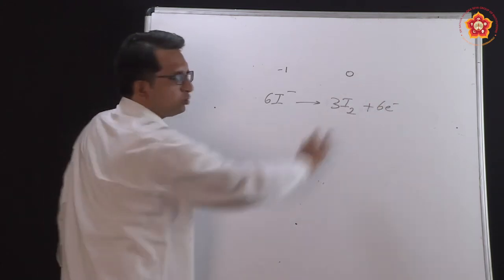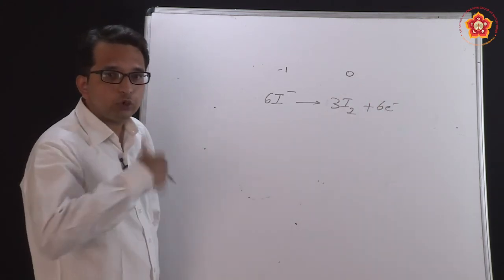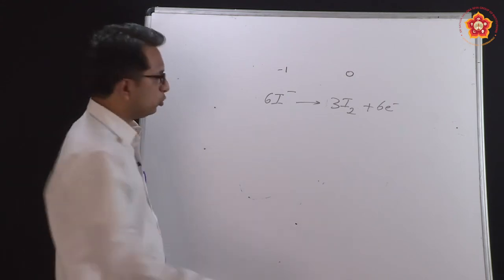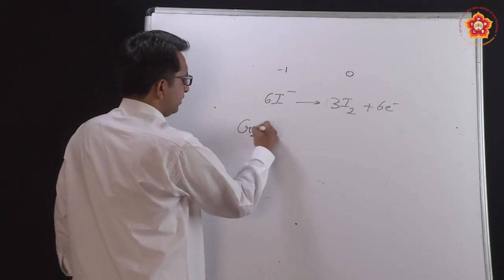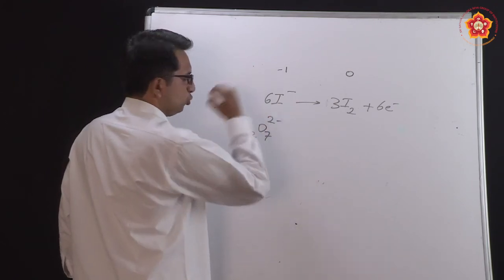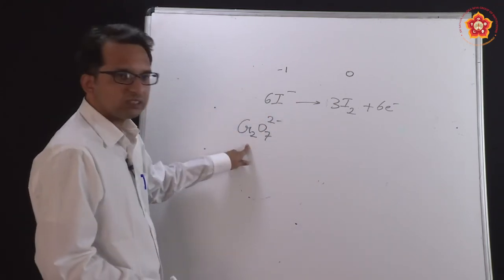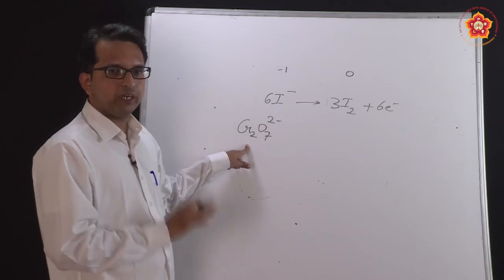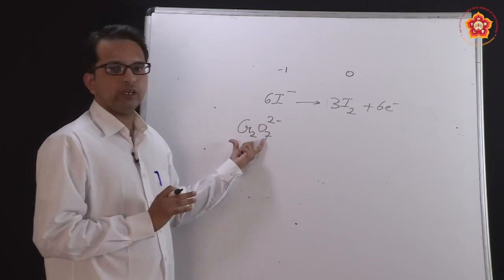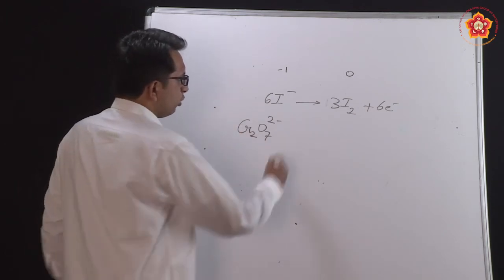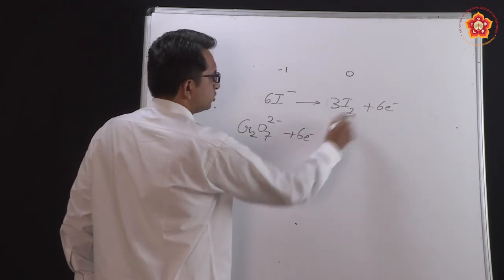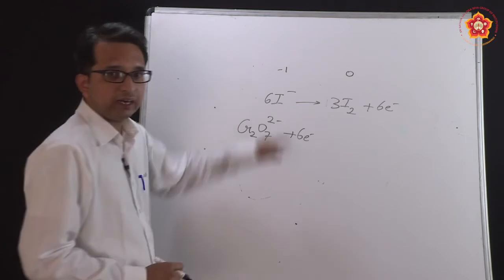The moment it loses 6 electrons, who is going to take those 6 electrons? Who is going to run this reaction? It is nothing but compounds like Cr2O7 2-. This is the potassium dichromate, where the dichromate ion is the one acting as the oxidizing agent. So what does this do now? This takes the 6 electrons left out by the earlier reaction.